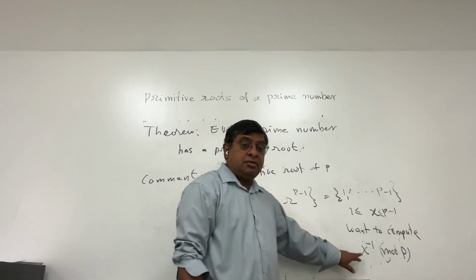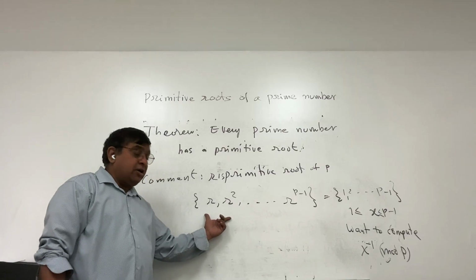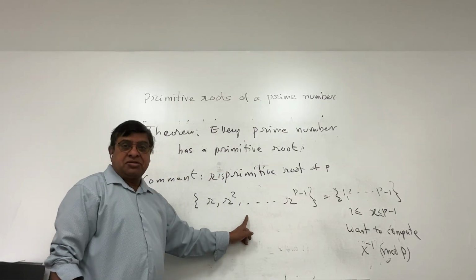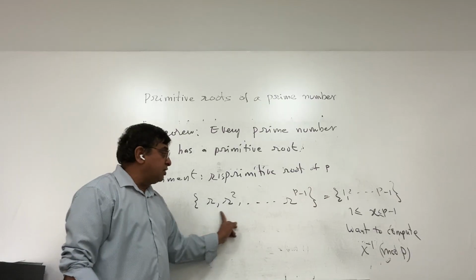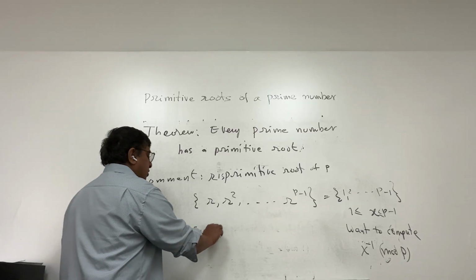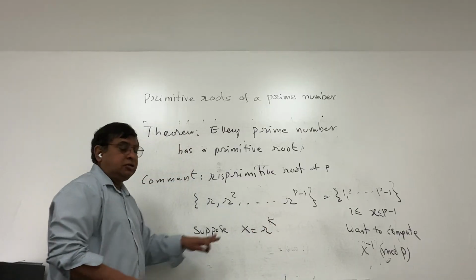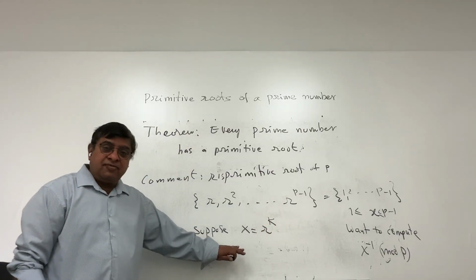But if you write it this way, this x has got to be one of these powers of r, if you know the primitive root. So suppose x is r to the power of k, one of the powers here. Then it's easy to find the x inverse.